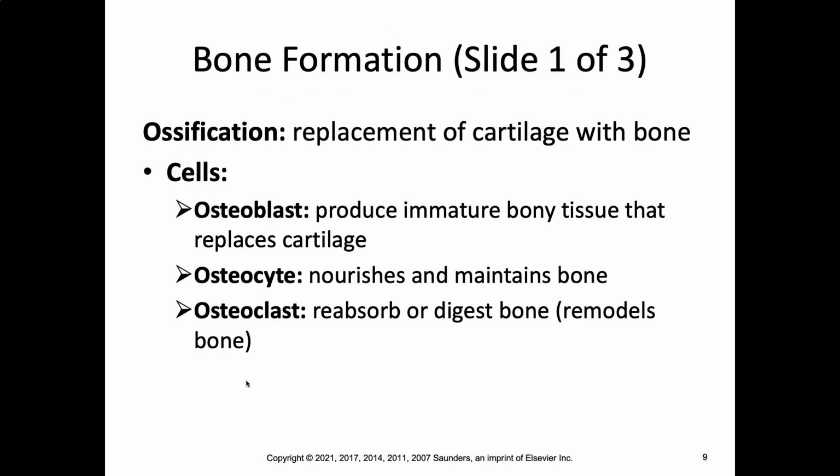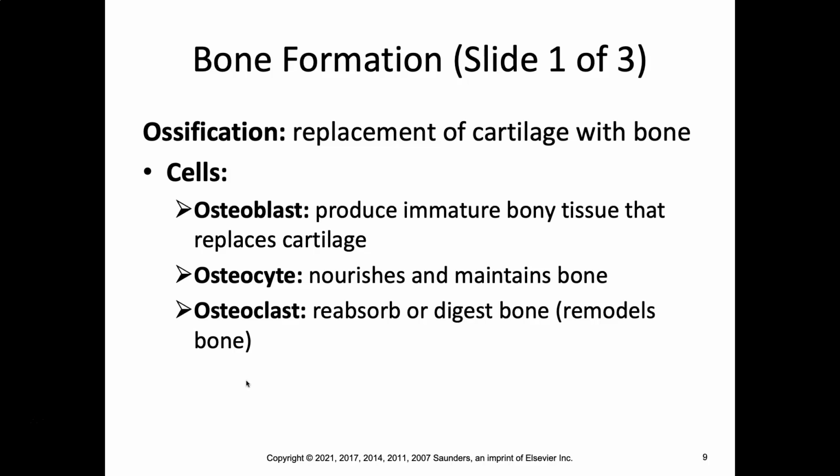How do bones form? It is called the process of ossification, and it's where cartilage is replaced with bone. It makes those bones nice and strong. You have three types of bone cells. You have osteoblasts, osteocytes, and osteoclasts. Osteoblasts produce immature bony tissue that replaces the cartilage.